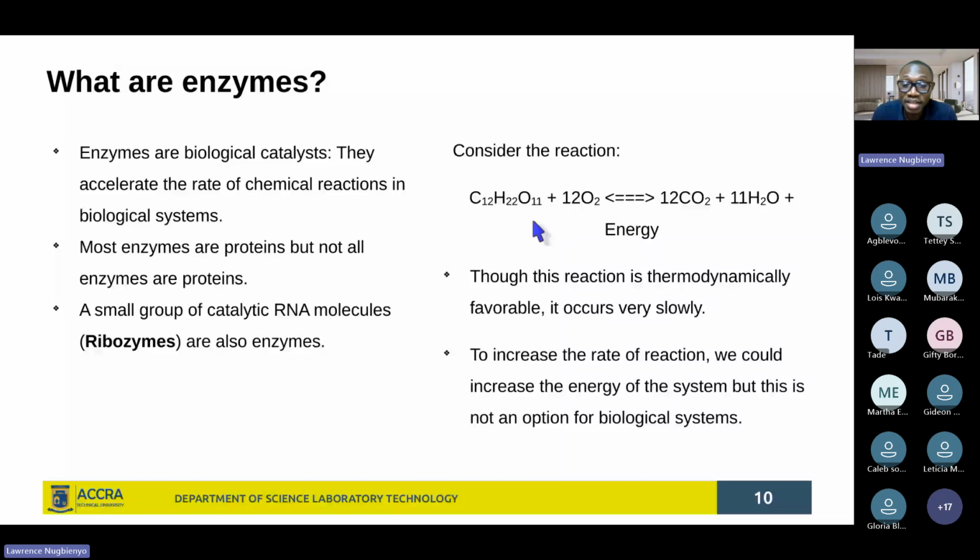So what you are seeing is sucrose, so table sugar, a common sugar that we use. And yes, in the presence of oxygen, it's breaking down into carbon dioxide, giving you water, and then it gives out some energy.